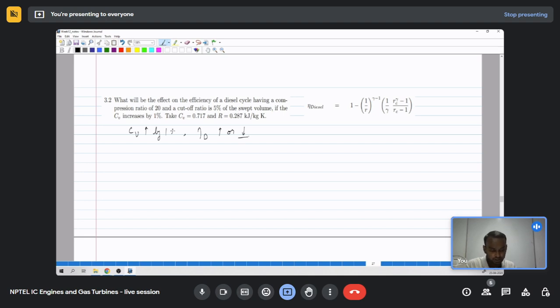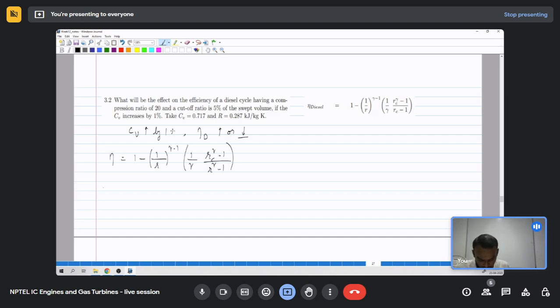Again, it will only decrease, like how it occurs in the Otto cycle. We can go through the expression. So now we have eta is equal to 1 minus 1 by r power gamma minus 1, into 1 by gamma, into rc power gamma minus 1 by rc minus 1.